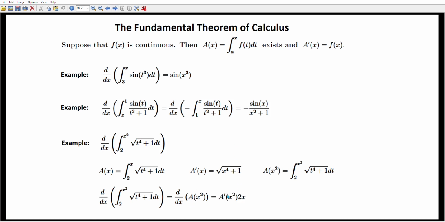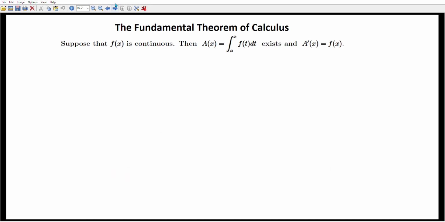And we're going to get A prime of x squared times 2x. And now we know A prime is the square root of x to the 4th plus 1. So when we substitute in x squared every place we see an x, we get an x to the 8th, which is x squared to the 4th plus 1, times the derivative of x squared, which is 2x.